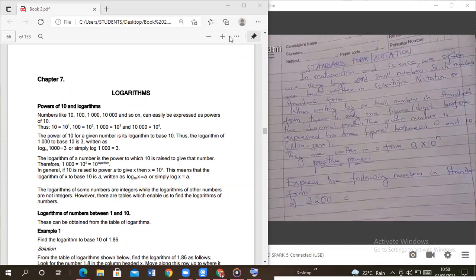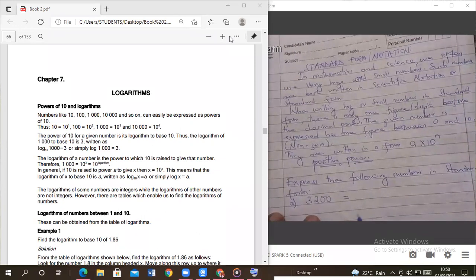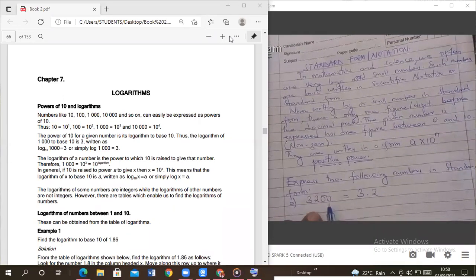When we are writing numbers in standard form, the first number, which is a, must be a single digit before a decimal point, and that digit must be non-zero.